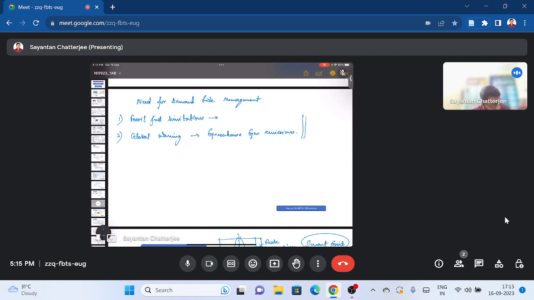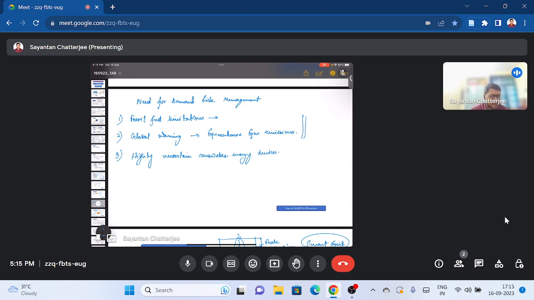Then we have highly uncertain renewable energy devices. These renewable energy generating devices are highly uncertain.